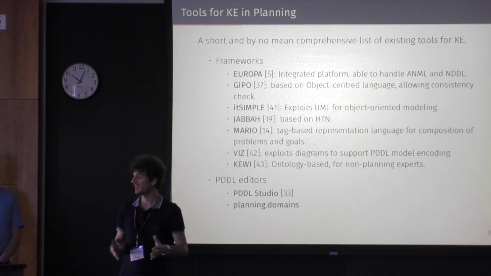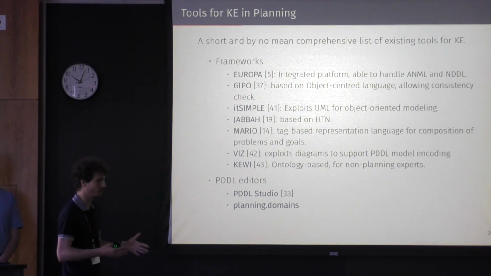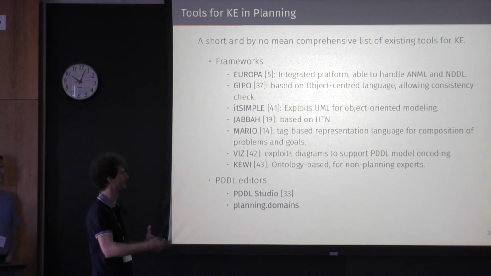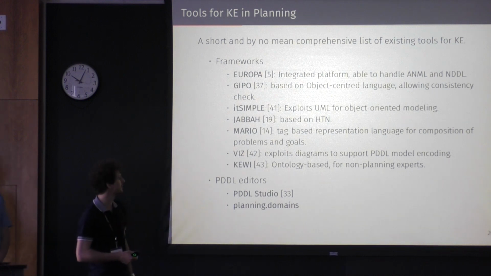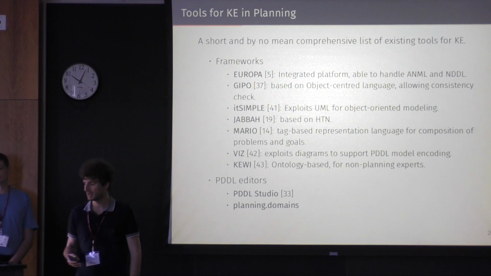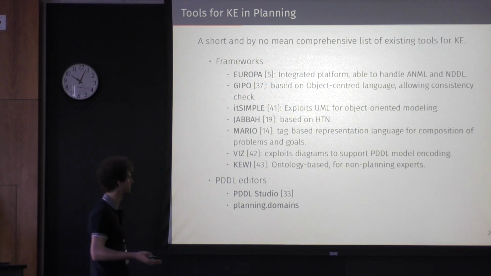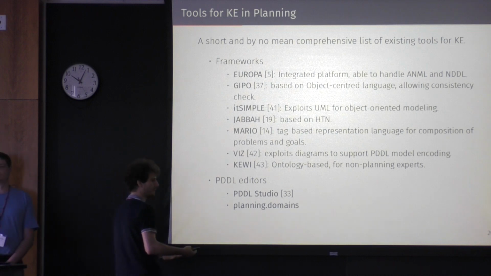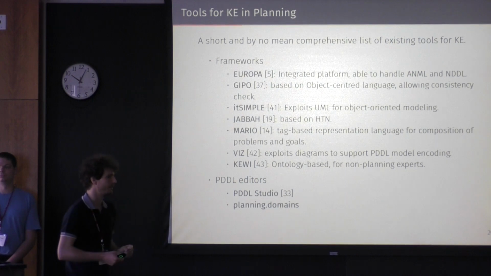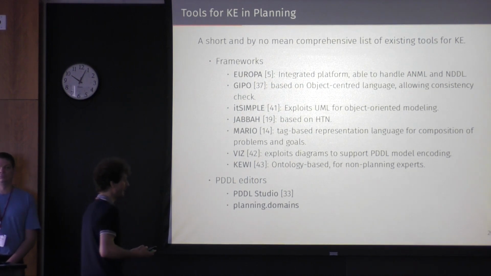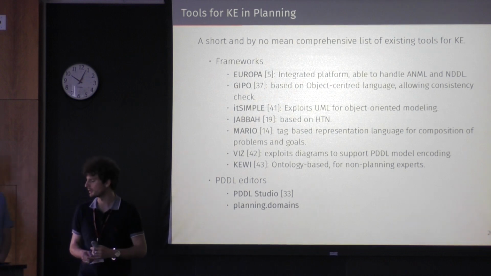General frameworks, which can deal with different steps of a knowledge engineering process or provide some advanced features, and what we have termed here as PDDL editors, which are basically systems like an IDE for software engineering. They will support you with syntax checkers, coloring, bracket collapsing and things like that, but will not really help you in all the other steps of a knowledge engineering process.